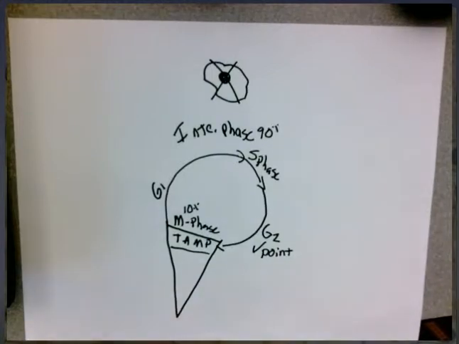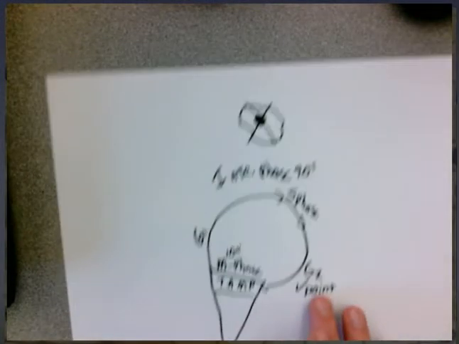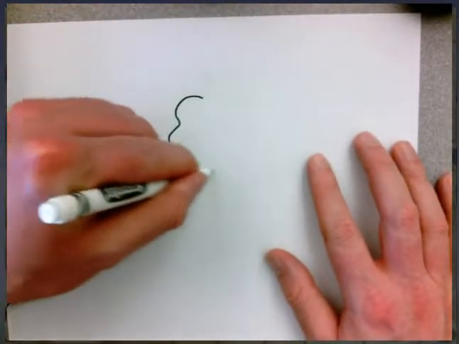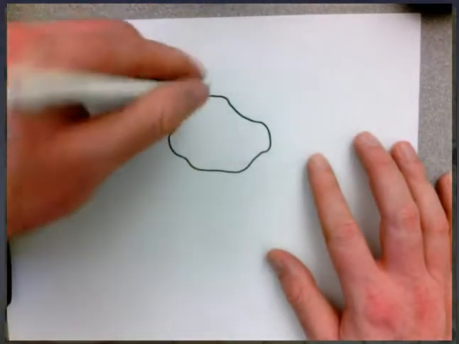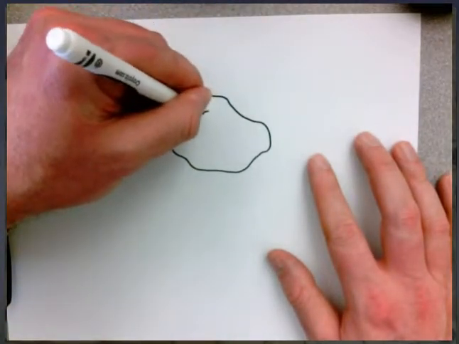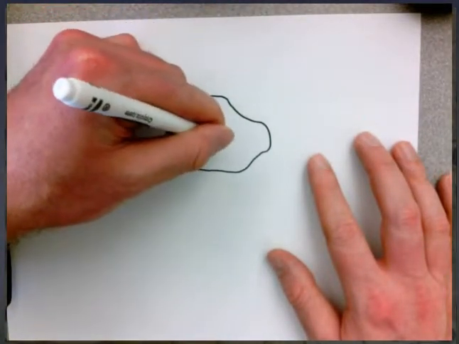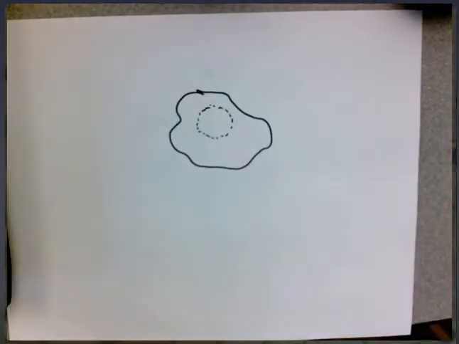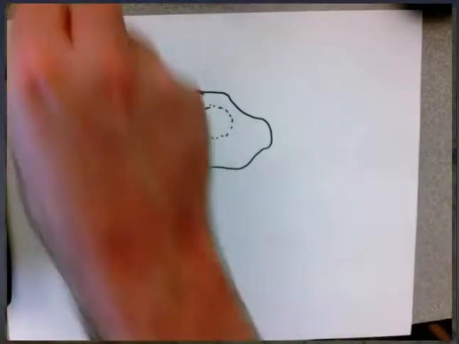So let's take a look at a cell in prophase is what we're going to look at now. So during prophase, all right, this is my cell that's right here. During prophase, the nucleus begins to disappear. Okay, so the nucleus is going to disappear inside that cell. And then what you're going to be able to see now is chromosomes.